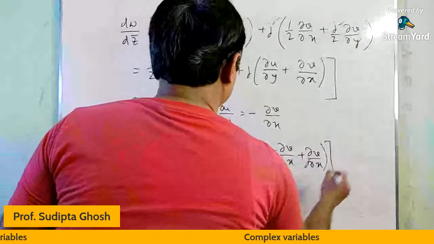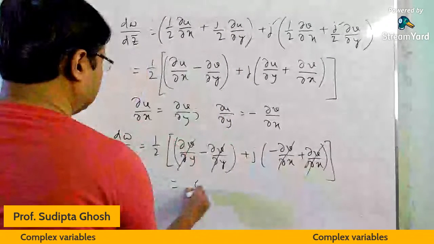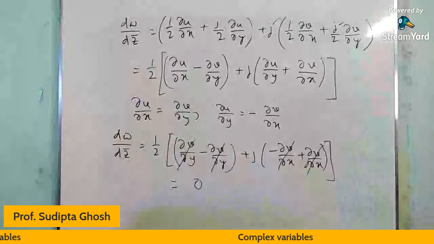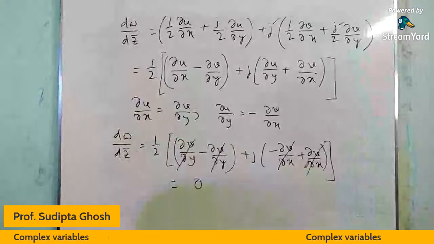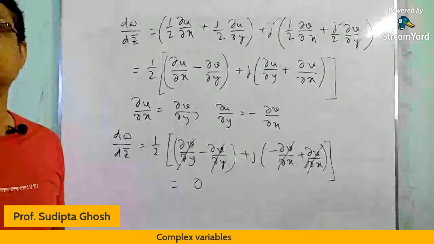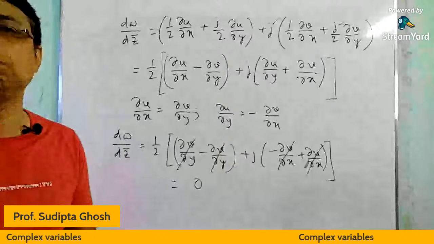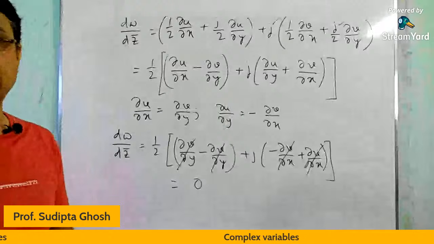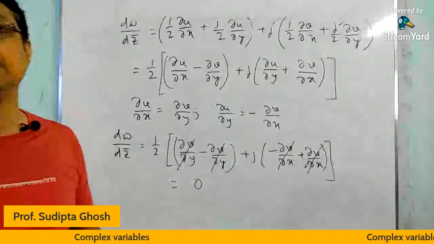So all the terms cancel with each other, and we have dw dz bar equals 0. Hence, we can prove that the analytic function w is a function of z alone, and it is independent of the complex conjugate z bar, because dw dz bar equals 0.